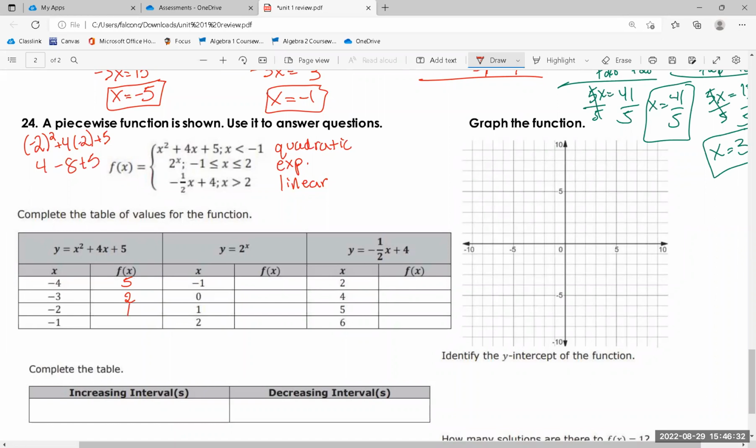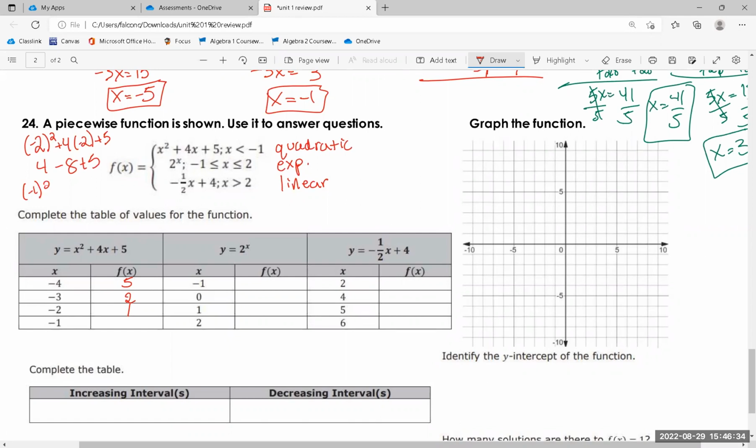And then plug in -1, so -1 squared plus 4 times -1 plus 5. So 1 minus 4 plus 5, which would be +2. All right, so it's kind of tedious, but we're just plugging in some numbers.